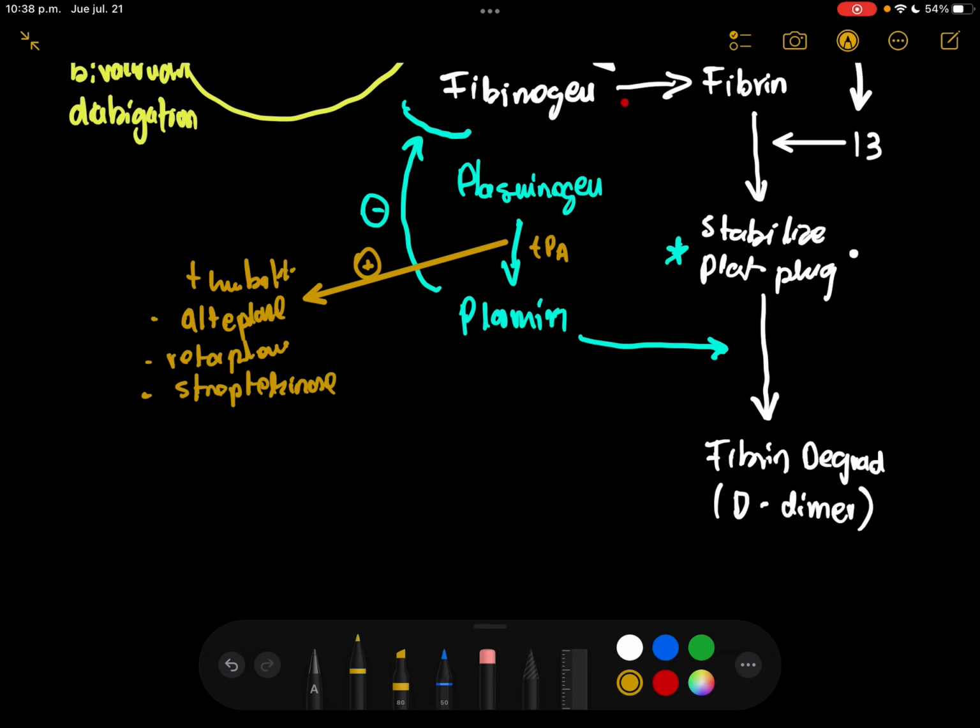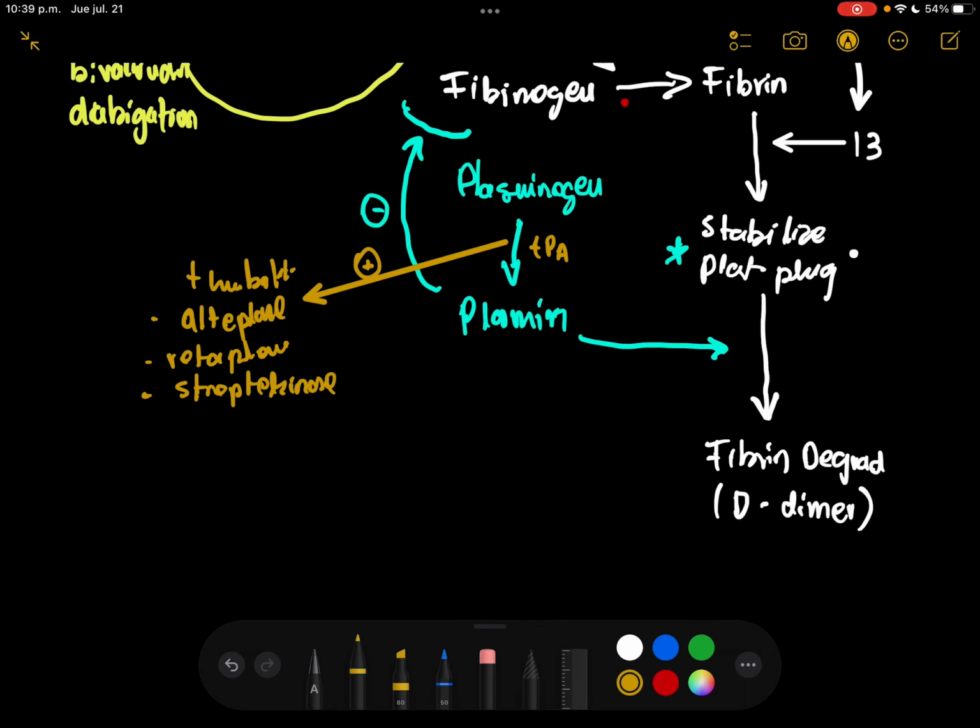These are really good drugs to destroy a platelet clot, in special occasions like MI. So this is the point where all these drugs act.